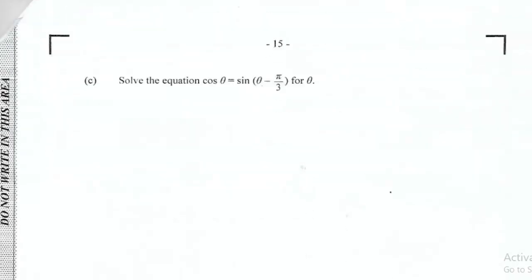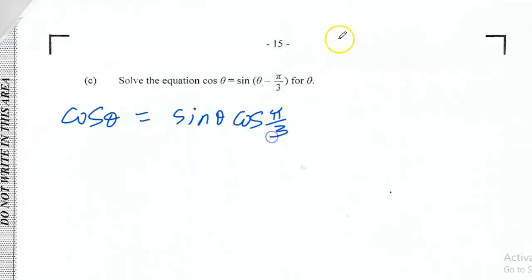Solve the equation cos theta is equal to sin (theta minus pi/3). So cos theta is equal to, let's expand sin (theta minus pi/3) using the addition formula. So sin theta times cos pi/3. And remember pi/3 radians, by the way, is equivalent to 60 degrees, since you're using pi radians to be 180, and 180 divided by 3 is 60 degrees.